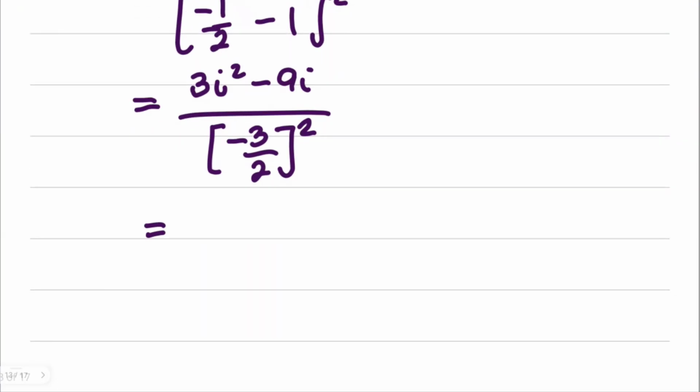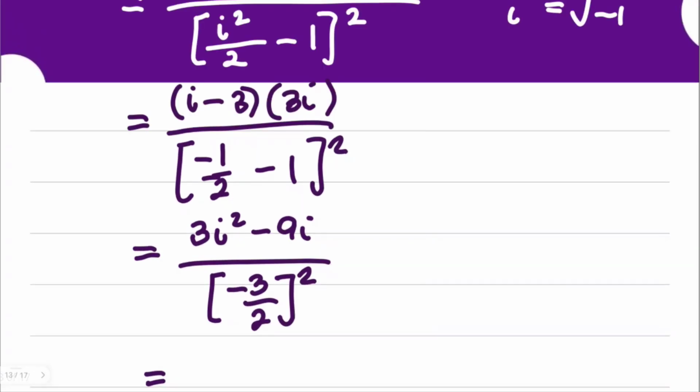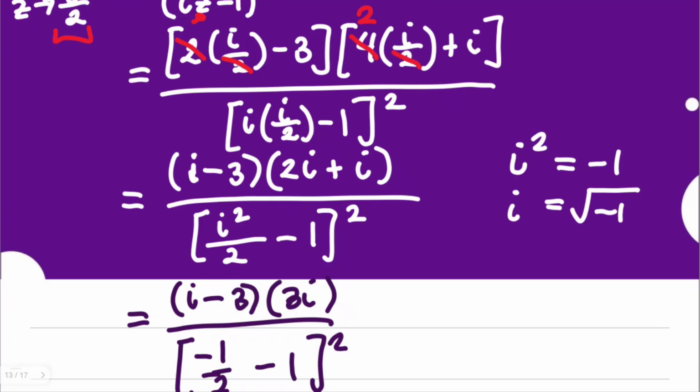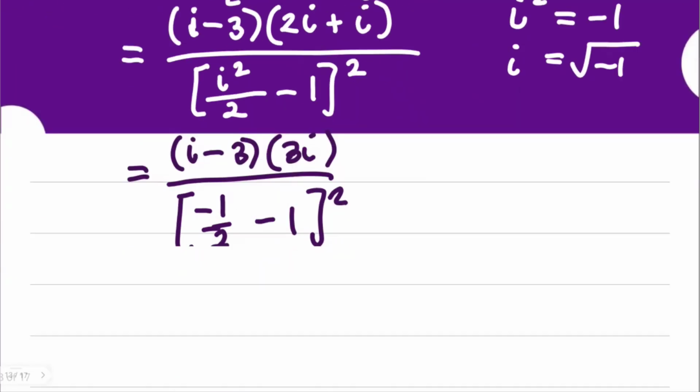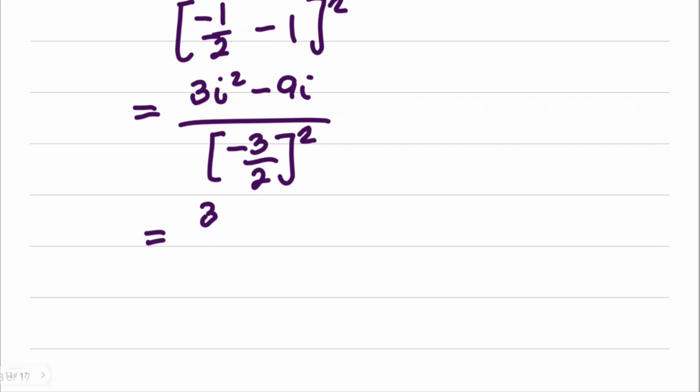The numerator also has i squared, and as mentioned, your i squared here is equal to -1. So you will have 3 times -1 minus 9i, while your denominator would be the square of 3 halves. That's actually 9/4.